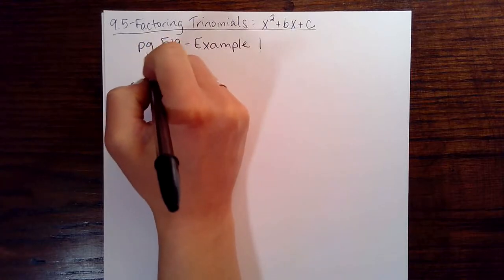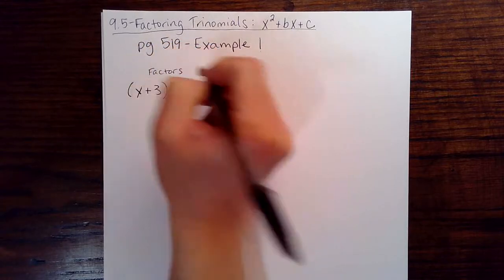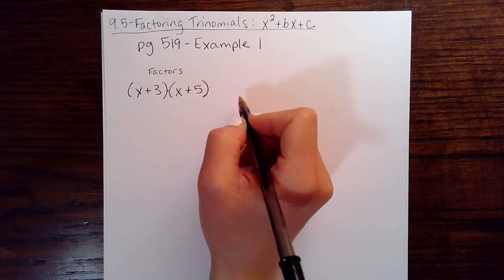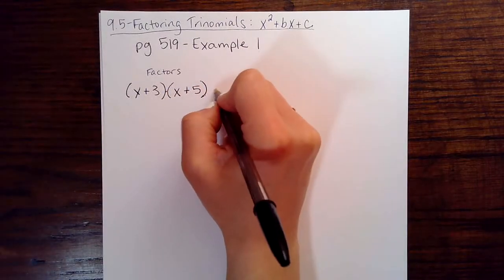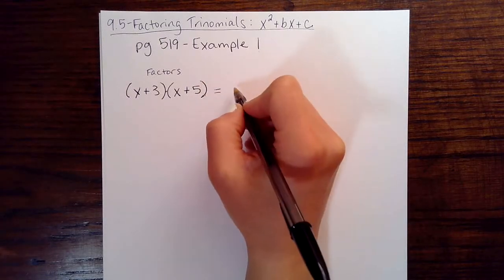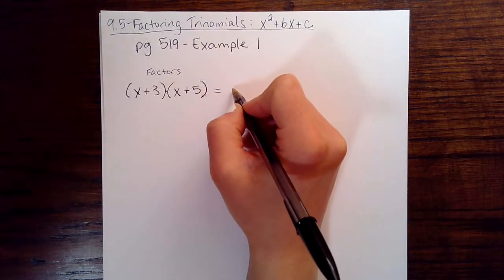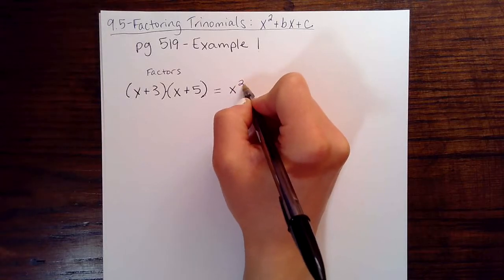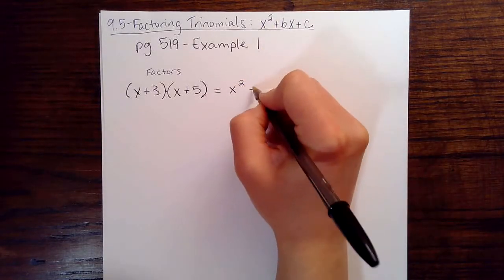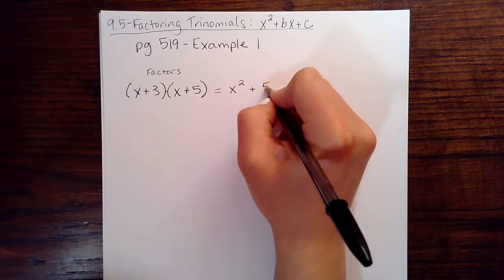These would be the factors. We know factors are things that are multiplied together. And when we multiply them, like we've been doing, we can see where these factors come from. So our factors would be the firsts, x times x, or x squared. The outsides, x times 5.